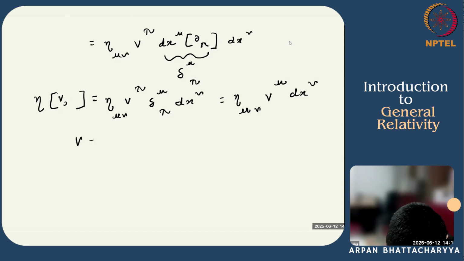We have this vector v^mu partial_mu, and there is a dual one form.